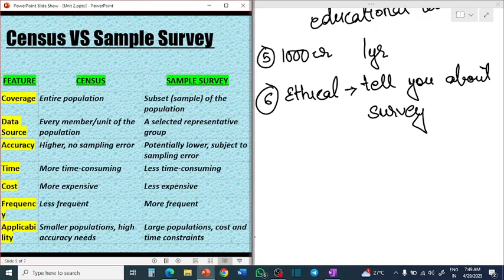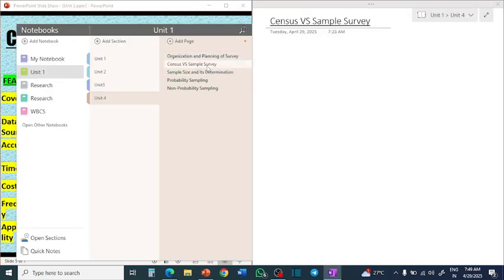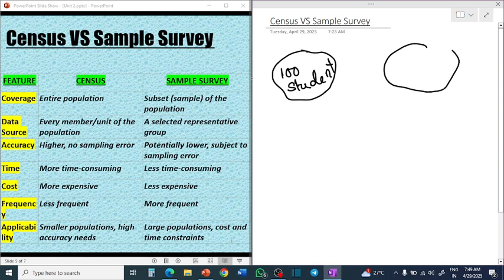Now we move on to the next topic, that is census versus sample survey. This one is very easy, but there is a critical difference which we have to understand. Suppose in a class there are 100 students. And there is also another class.